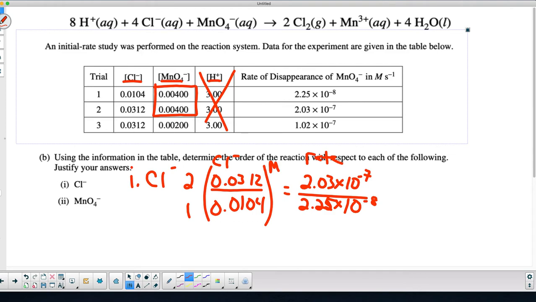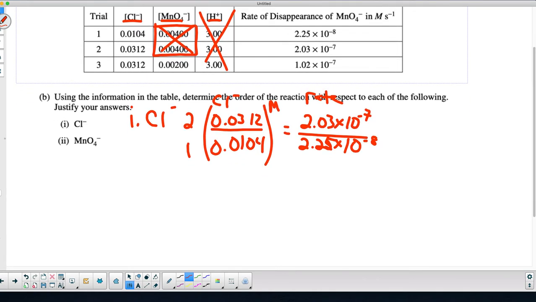Okay, when I divide these, remember I don't have to worry about the MnO4, because if that stays the same, then it doesn't show up. Let me just move down so I can get a little bit more room. Like that. And now what I get is I have the 0.0312 over 0.0104, which is exactly 3, and that's to my m.